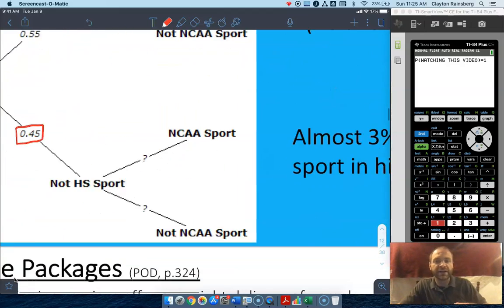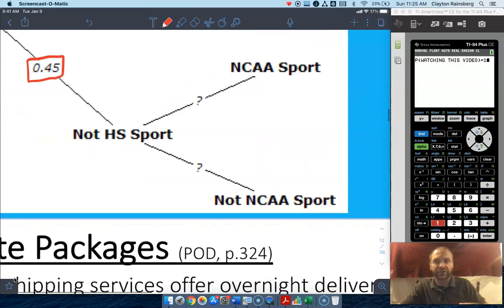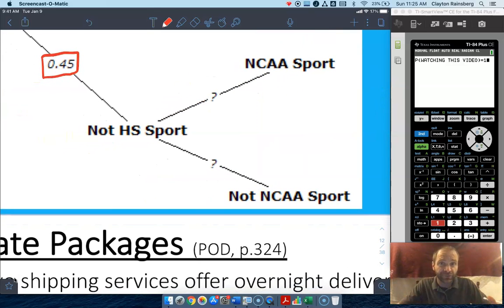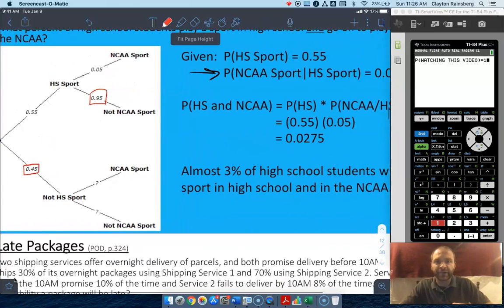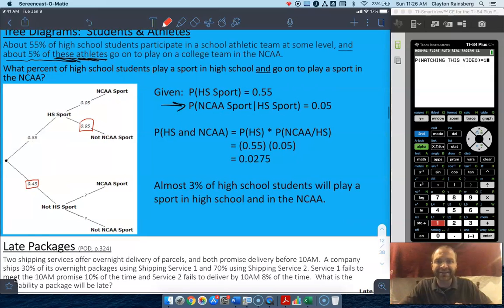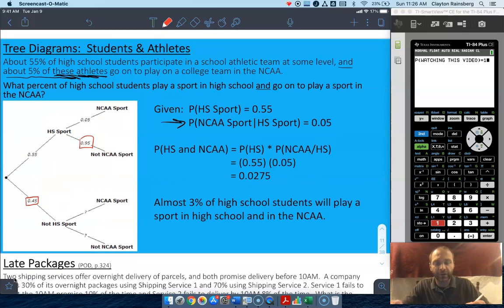Now, we were told nothing about the probability of going into the NCAA or not if they don't play a high school sport. That we weren't told, so we're just going to leave those branches alone with question marks. So if I want to find the probability of high school and NCAA, I'm going to take the probability of high school, which is 0.55.